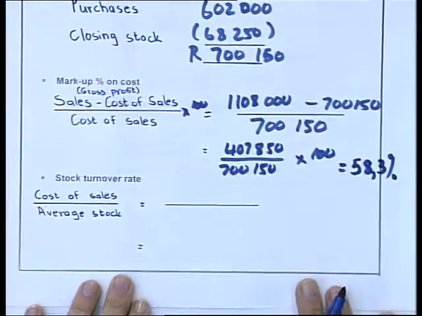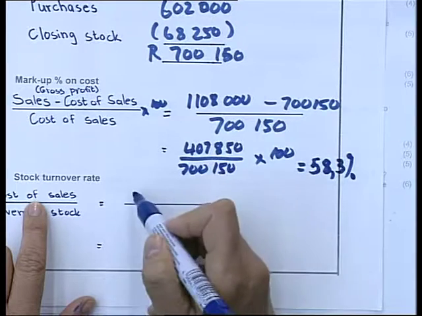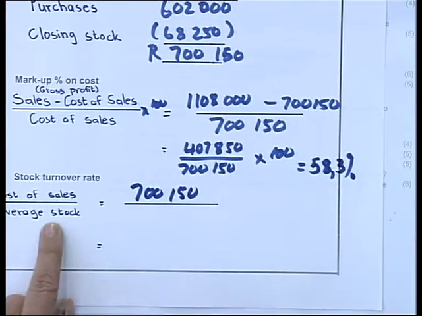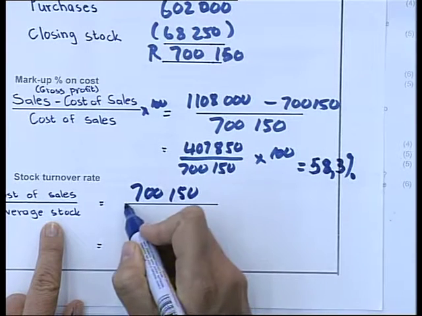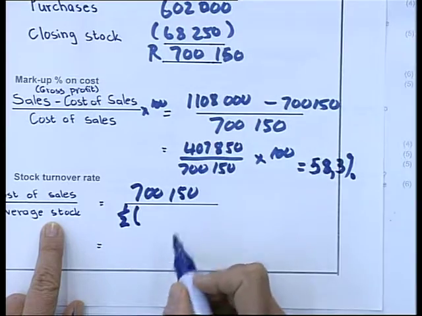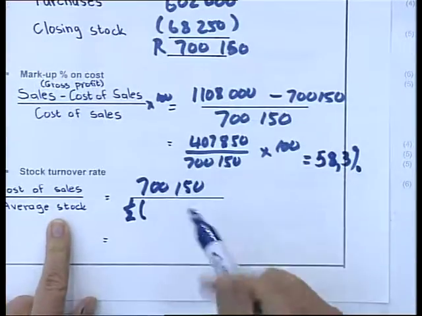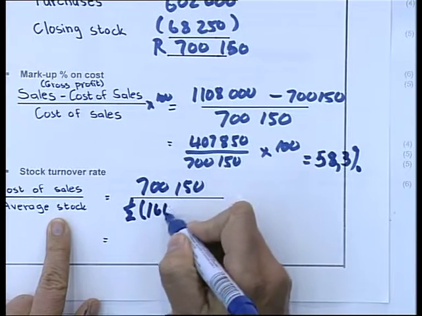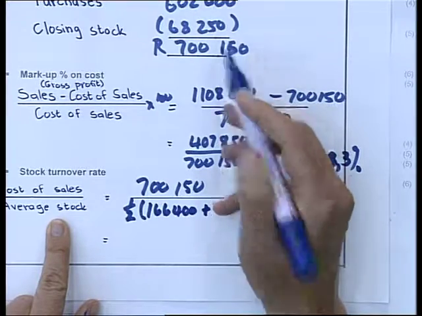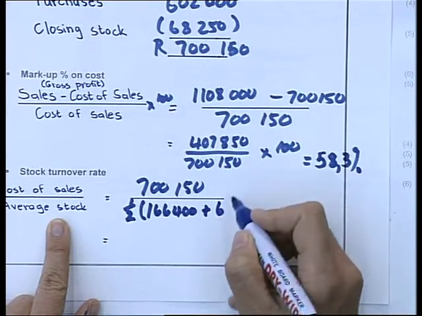Stock turnover rate, cost of sales, once again, is 700,150 divided by the average stock. Average stock is half of the opening stock, which was 166,400, plus my closing stock 68,250.